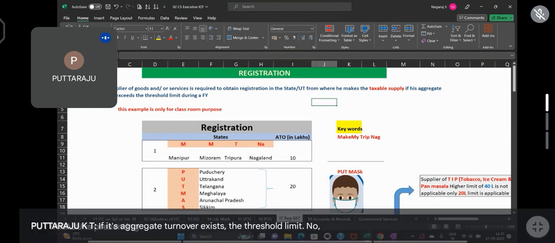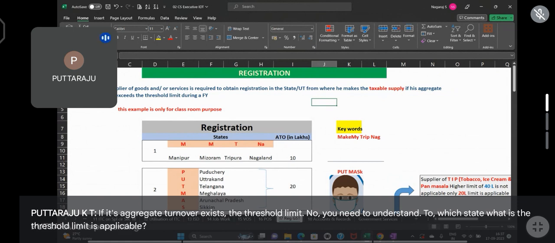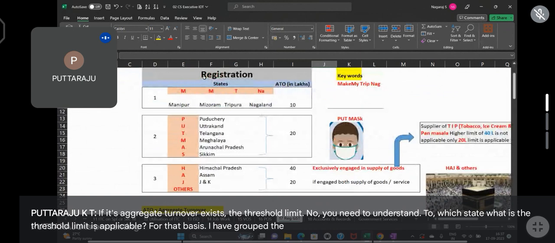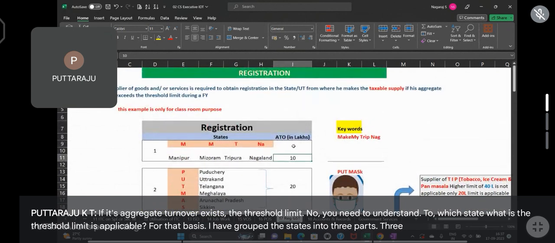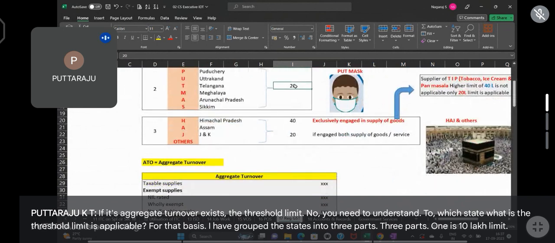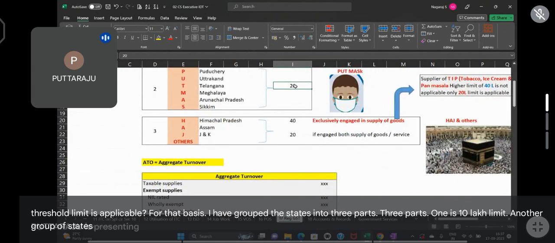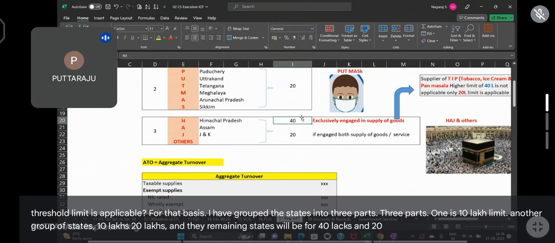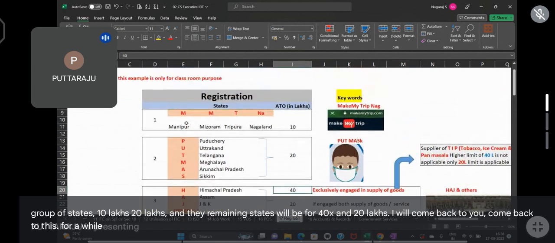Now we need to understand which threshold limit is applicable to which state. On that basis, I have grouped the states into three parts. One is the 10 lakh limit, another group is 20 lakhs, and the remaining states are 40 lakhs. I will come back to this.